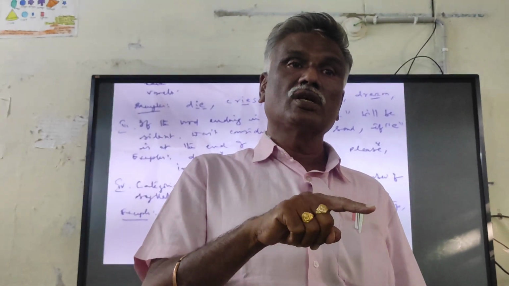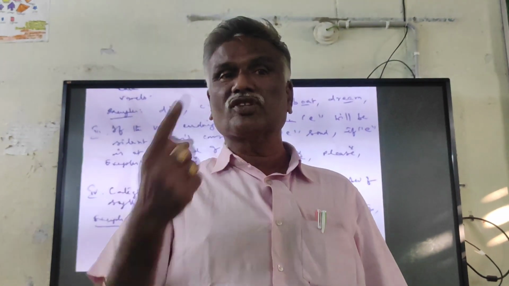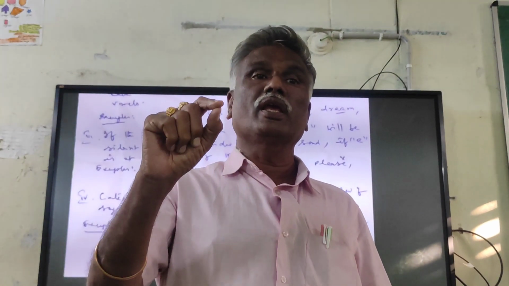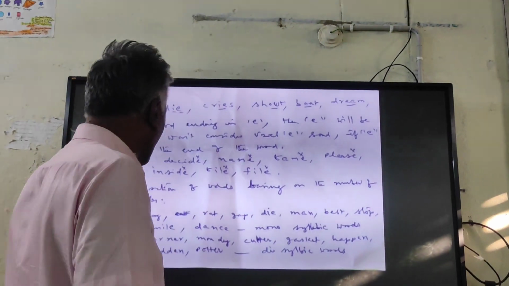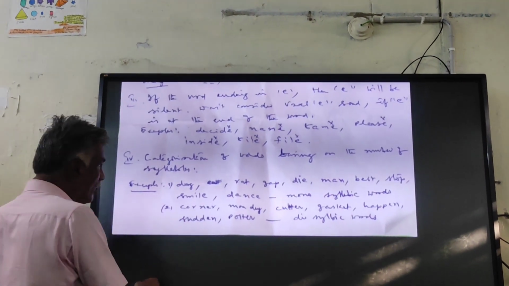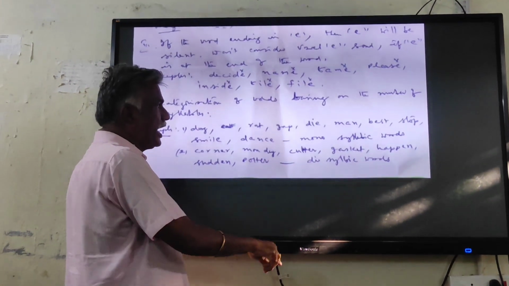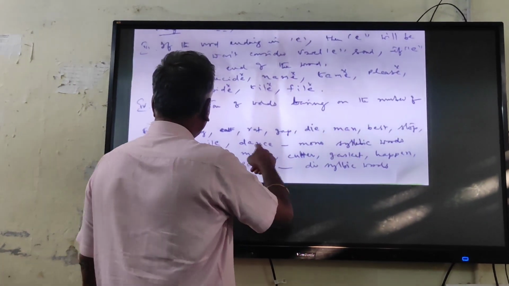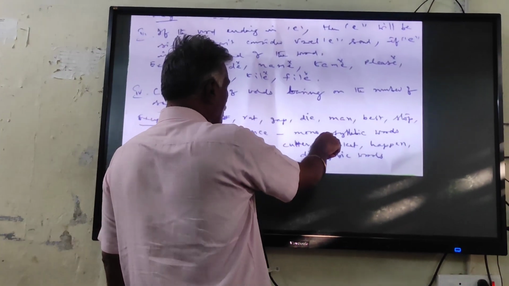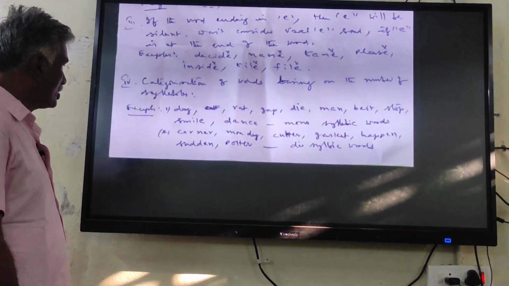When it has three syllables, it is called a trisyllabic word. When it has more than three, we call it a polysyllabic word. Now for example, monosyllabic words: dog, cat, rat, gap, die, man, best, stop, smile, dance. They are all monosyllabic words.